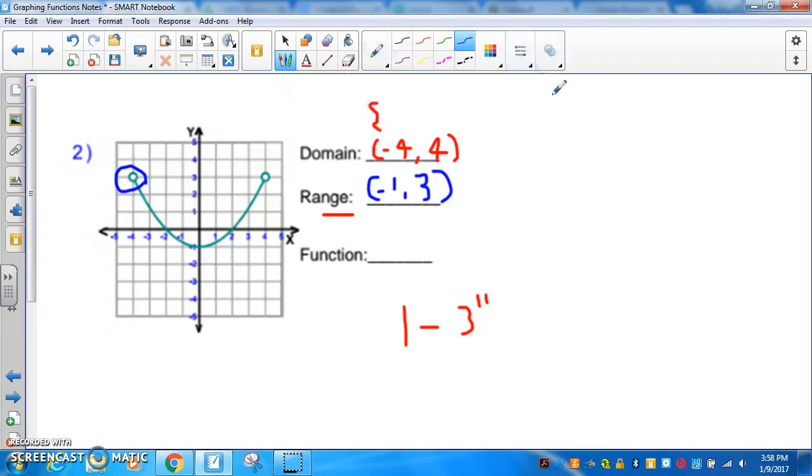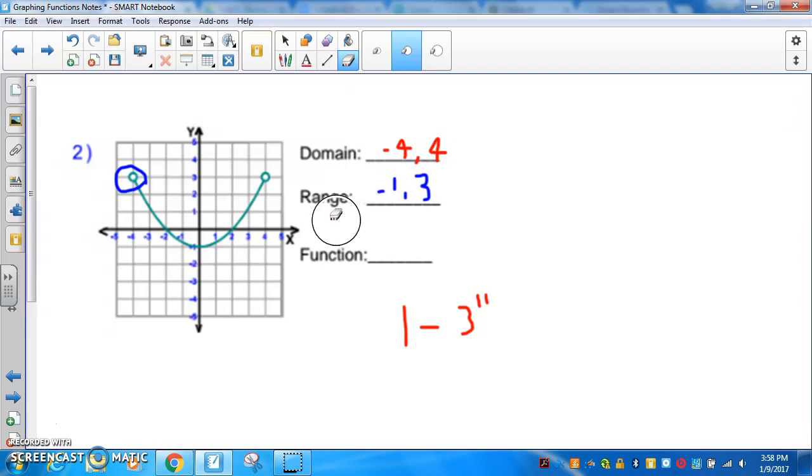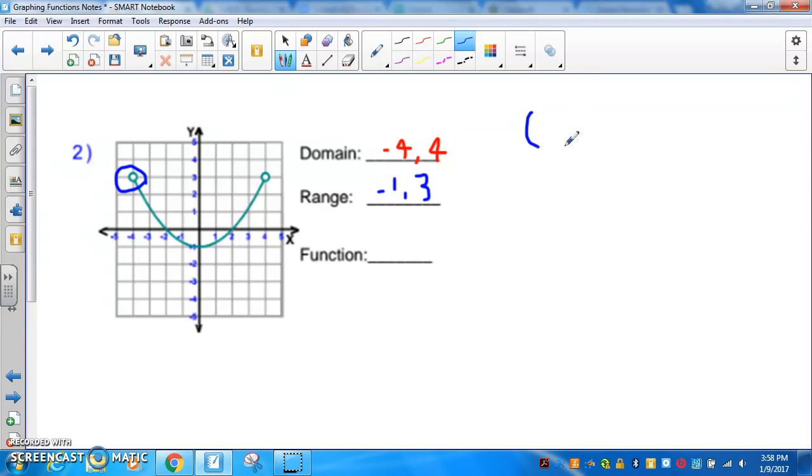So remember before that we're not using these indices anymore? Well, we actually have two things we're going to use now. So I'm going to go ahead and erase my -4 and 4 and my parentheses around -1 and 3, and instead I'm going to replace them with one of two things. Parentheses are only used for things that are what we call open.